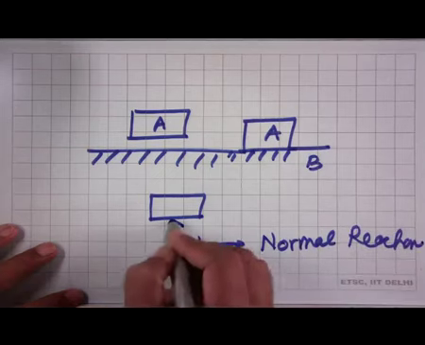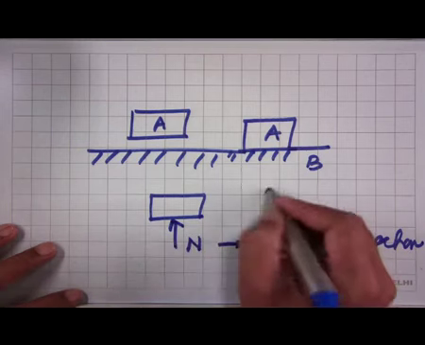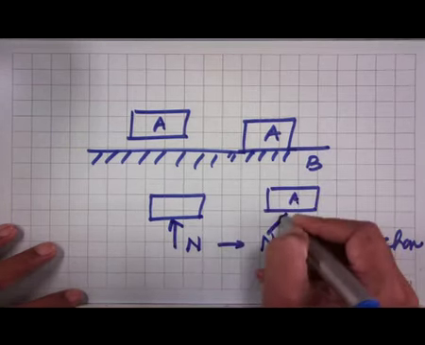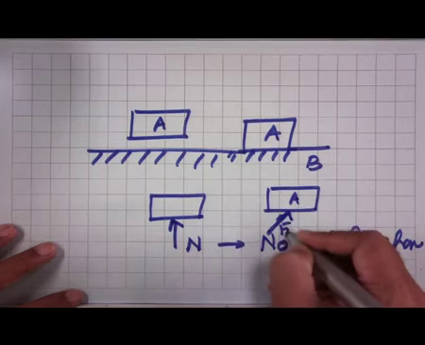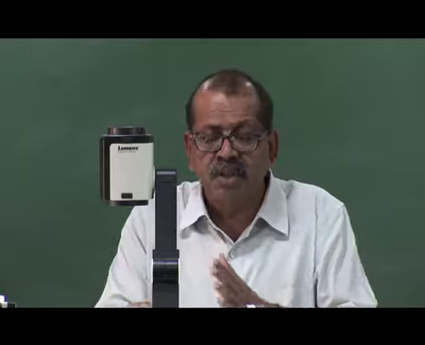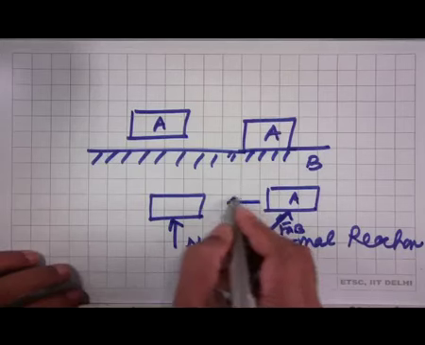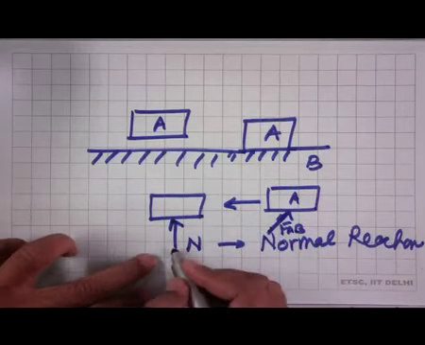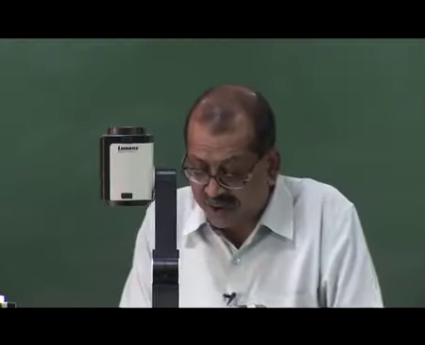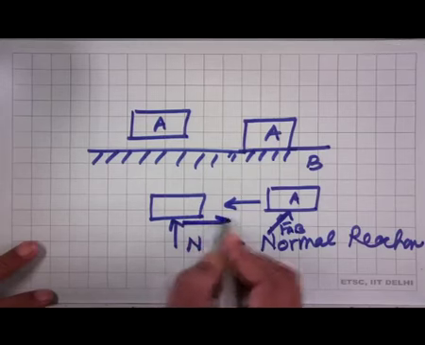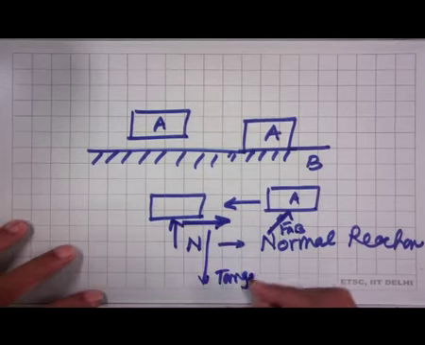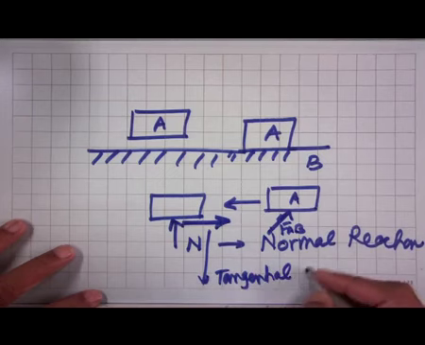We resolve this FAB into a component perpendicular to the contact, the normal reaction, and the second component will be the tangential component.